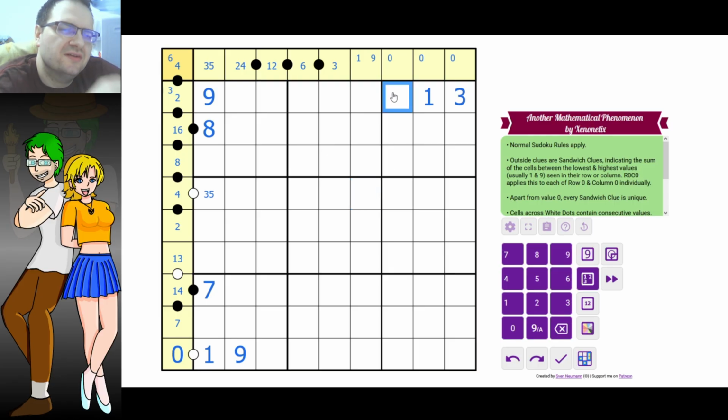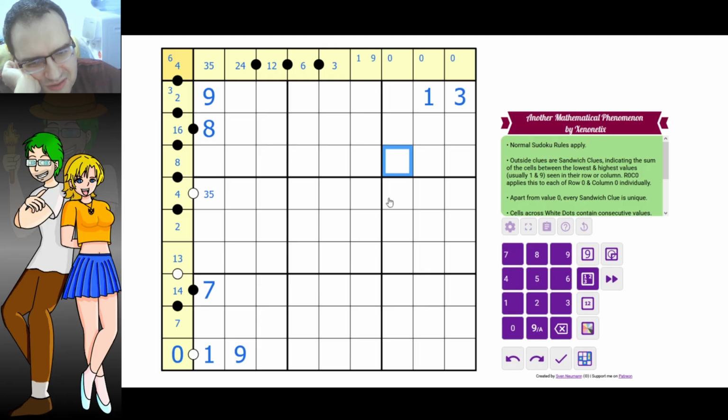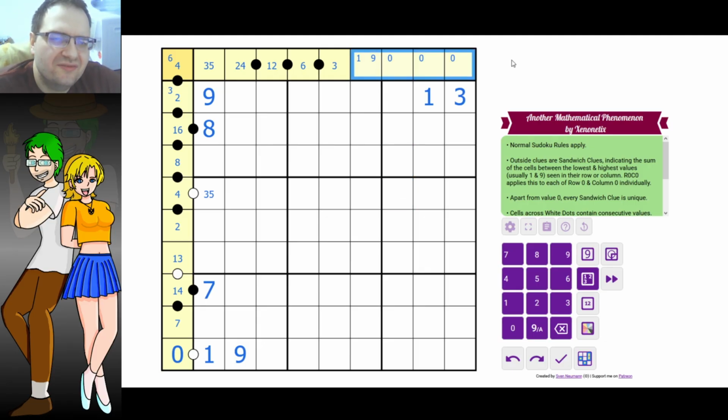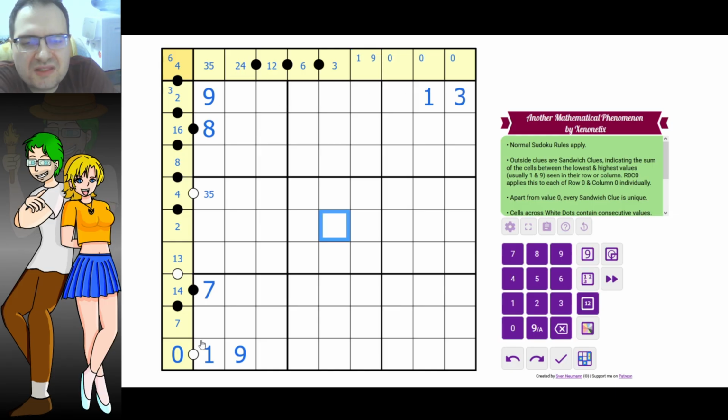This can be neither a 1 nor a 9. Let's say 9, 1. Okay, let's go, because I don't think we can figure something out here. So what did we say? The minimum, if we have a 1, 9, the minimum in 2 cells is 5. Basically 2 and a 3.